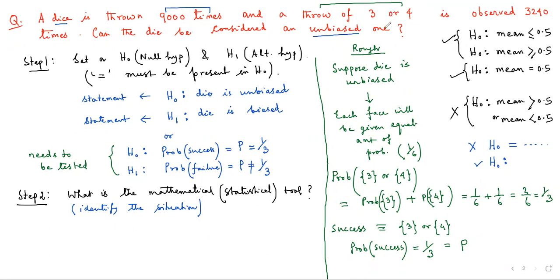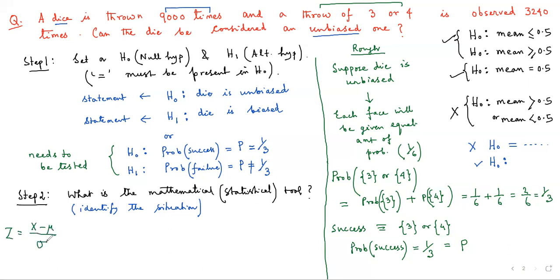In hypothesis testing, we'll not be applying the binomial probability law over here, but we'll be applying the binomial approximation to the normal distribution. We know about the normal distribution. The standard normal variable looks like x minus mu by sigma.